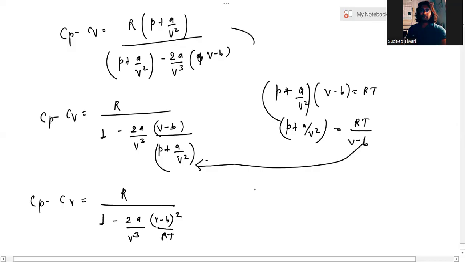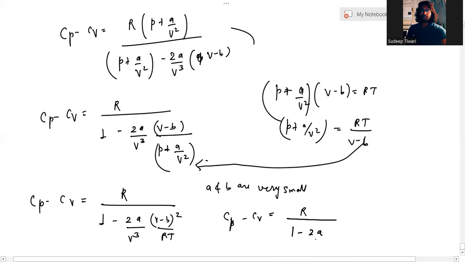And a little bit of approximation we can try. Because we already know that A and B are very small, I can simply write my Cp minus Cv is equal to R upon 1 minus 2A, and because B is very small, I'll simply approximate it by V square only.